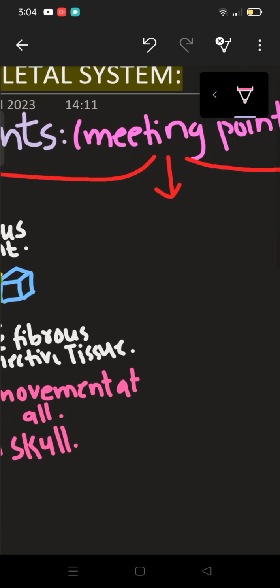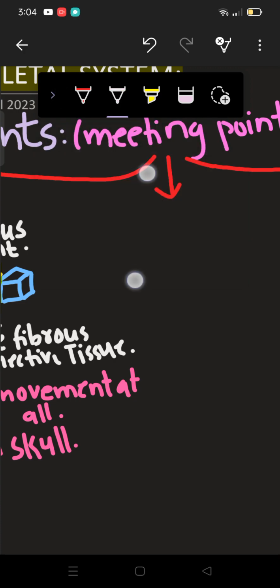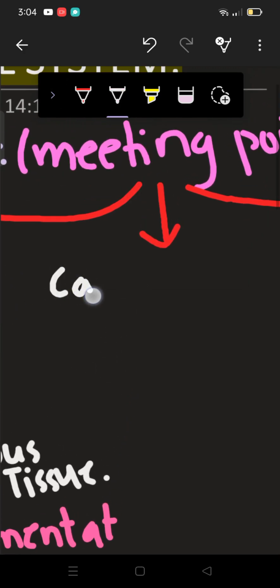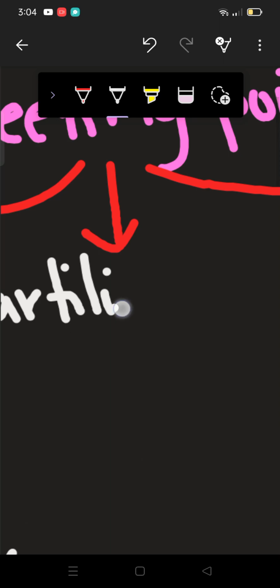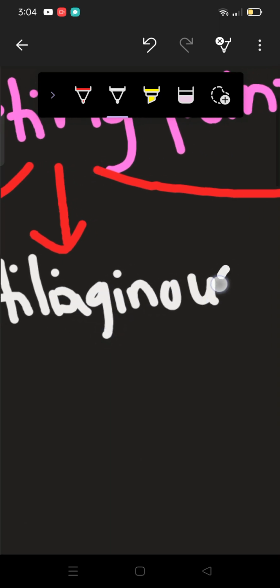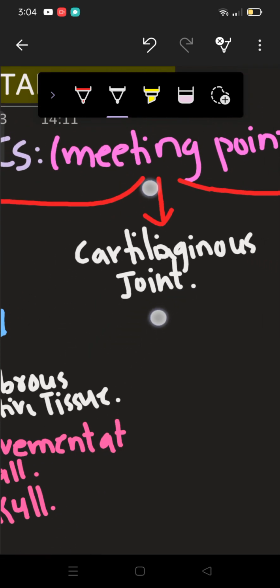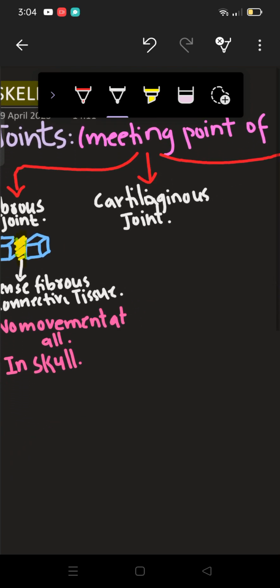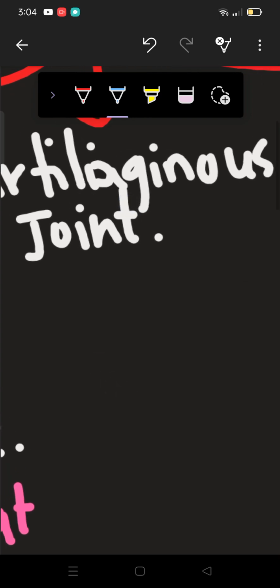So now we are going towards our second joint, which is the cartilaginous joint. Here I am making the structure of the cartilaginous joint as well. Here we have bone.